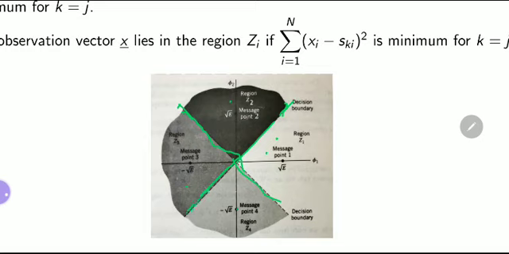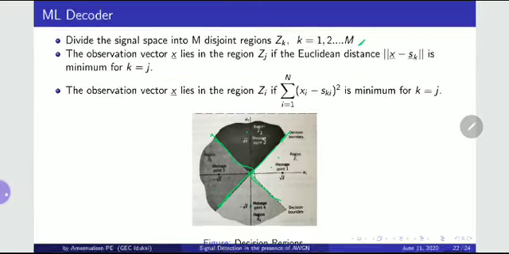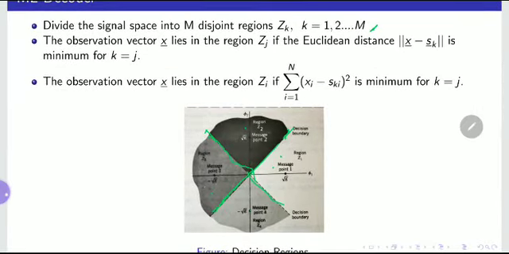So our detection problem reduces to this: find the boundaries of these M decision regions, that is, divide the total signal space into M decision regions by drawing the boundaries. That is ML detection.